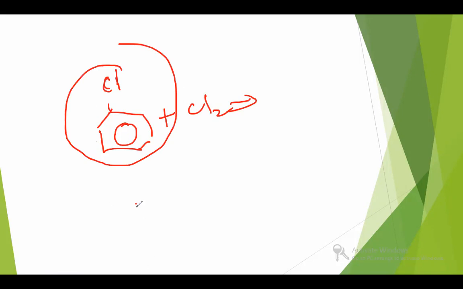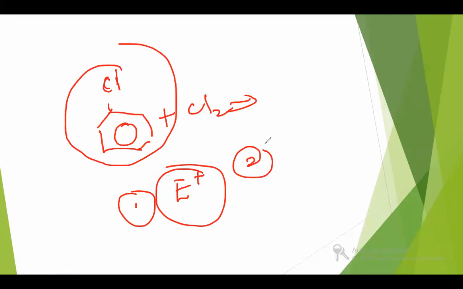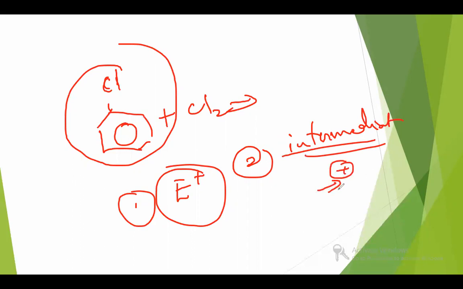This reaction has a mechanism. First, the electrophile needs to be generated. Second, after generation of the electrophile, an intermediate forms, which is a carbocation, where carbon has a positive charge. After formation of the intermediate, a proton is removed from it. So there are three steps.